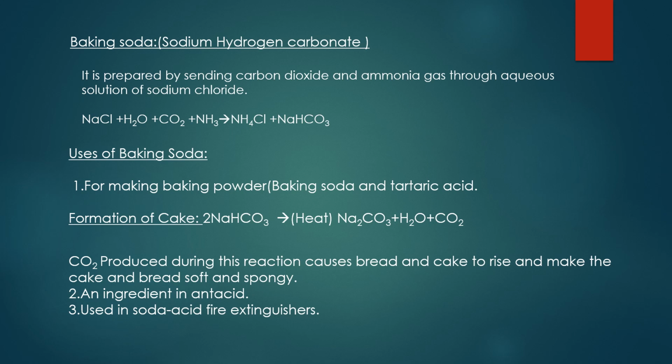The cake and bread become soft and spongy because this carbon dioxide gas always tries to escape, making tiny holes. That's why the cake and bread is spongy and soft.